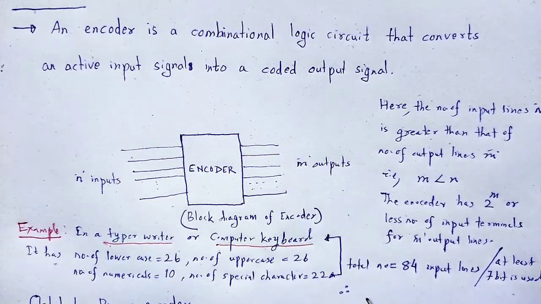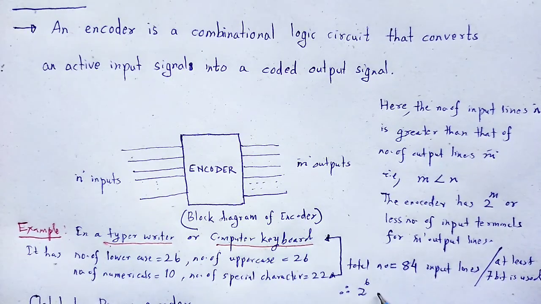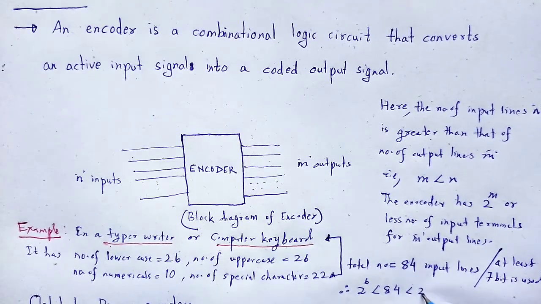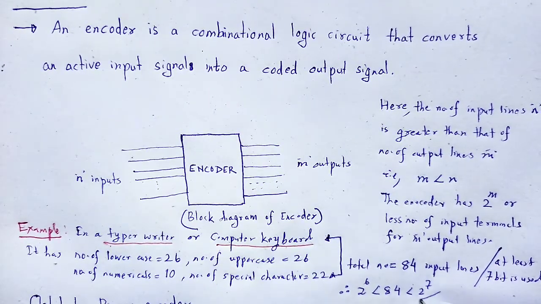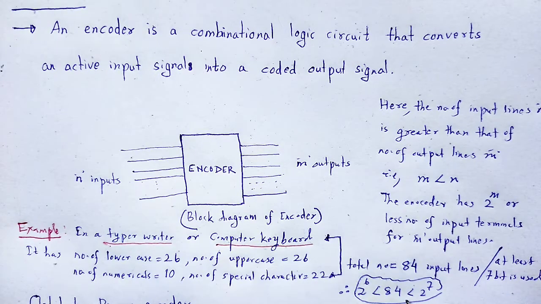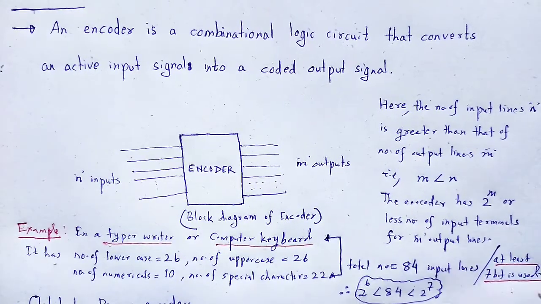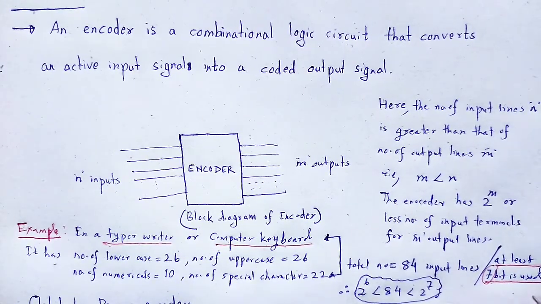Therefore, as 2 to the power 6 is less than 84, which is less than 2 to the power 7, at least 7 bits are used in case of a typewriter or a computer keyboard.